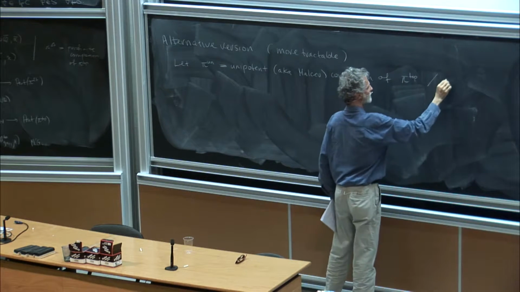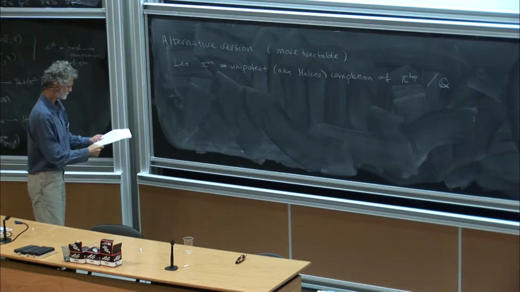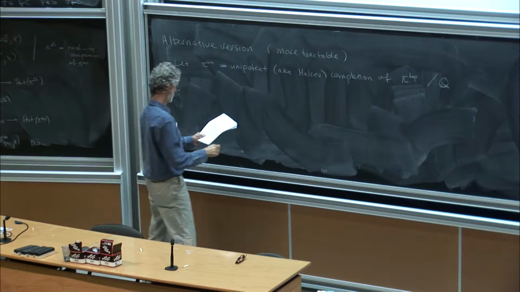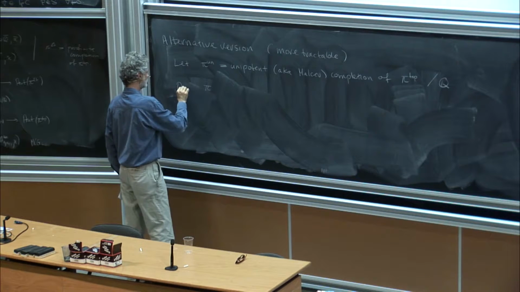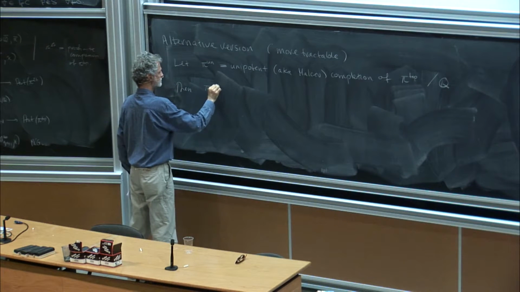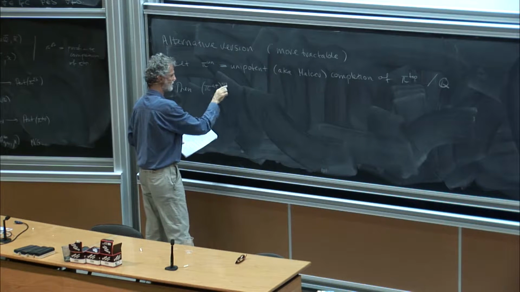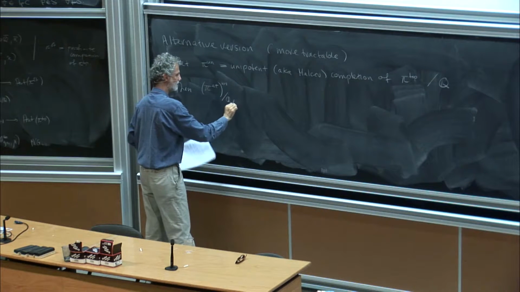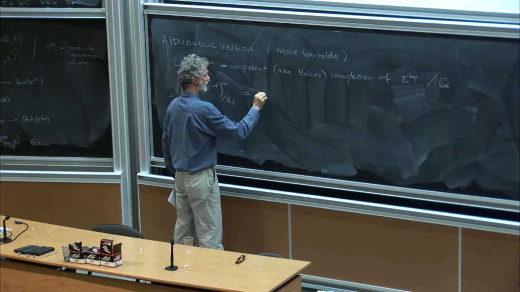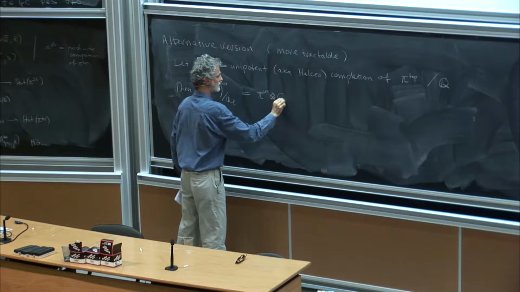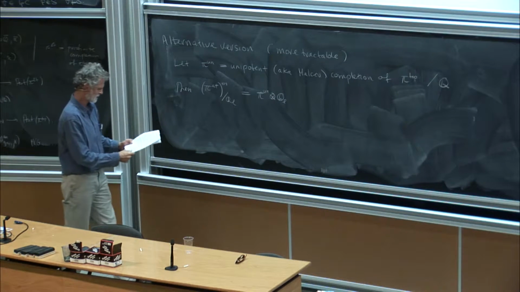And I'll think of this as a pro-algebraic group over Q. If you take the continuous unipotent completion of this over Q_l, this is just equal to pi unipotent tensored with Q_l. So now basically my fundamental groups are the same.